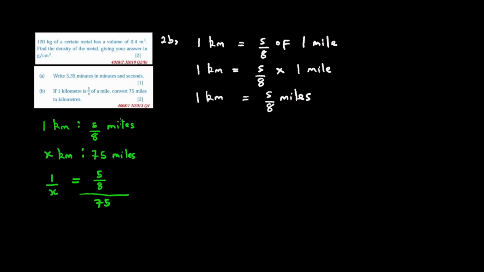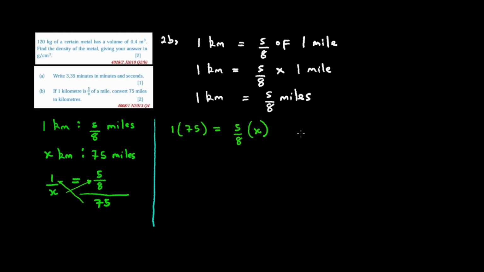So how are we going to solve that? The way we solve this is cross multiplication. So x multiplies this numerator, 75 multiplies that numerator. So it is going to be 1 times 75 is equal to 5/8 times x.